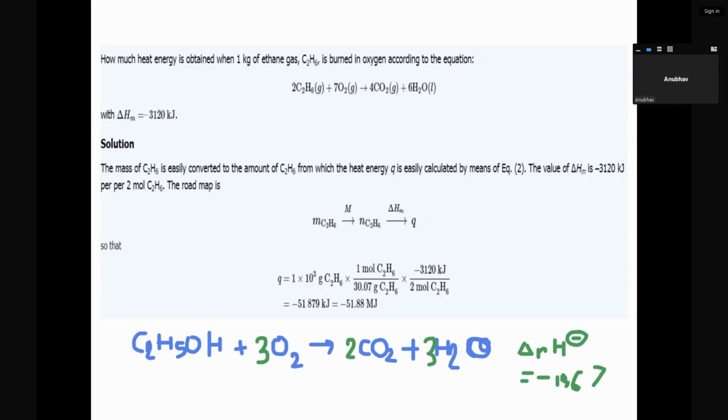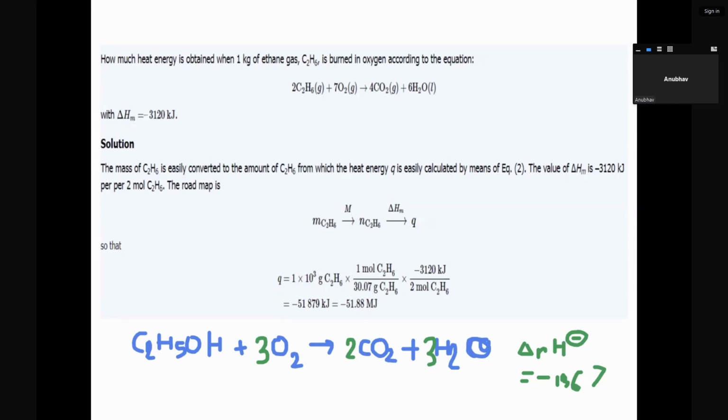Since del H is negative, this reaction is not an endothermic process. Rather, it is an exothermic process. Since it is an exothermic process, the heat energy is negative. So in this case, we have an exothermic process.